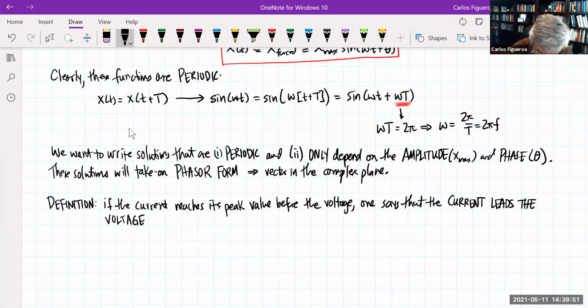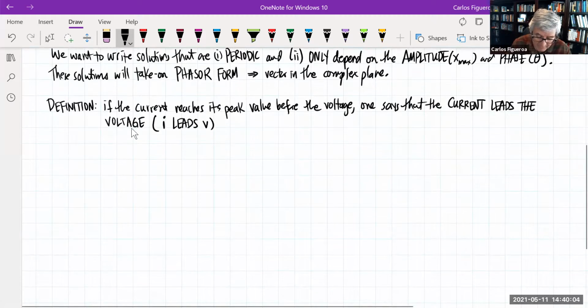It leads the voltage. In other words, I leads V.